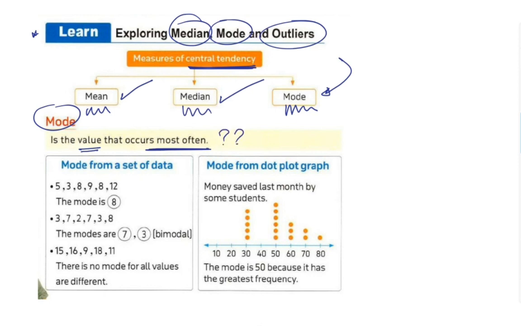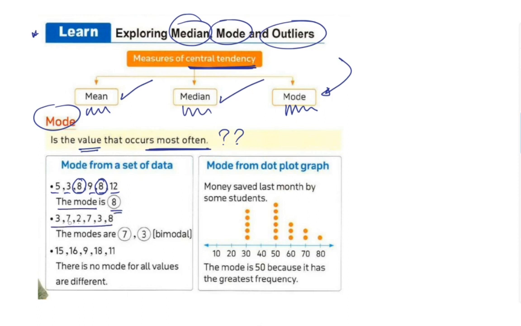What does this mean? We have these values. You know that 8 is repeated twice, so 8 is the mode.